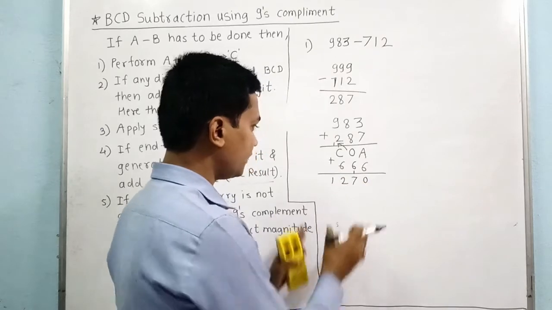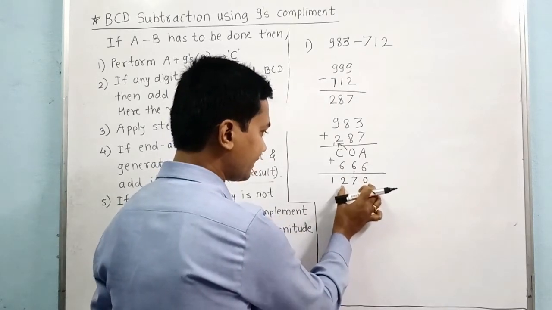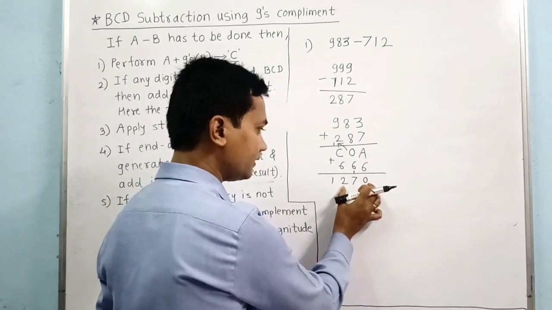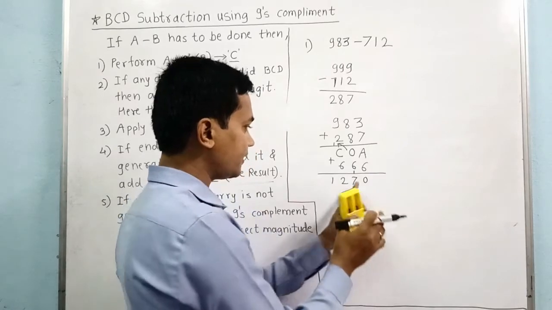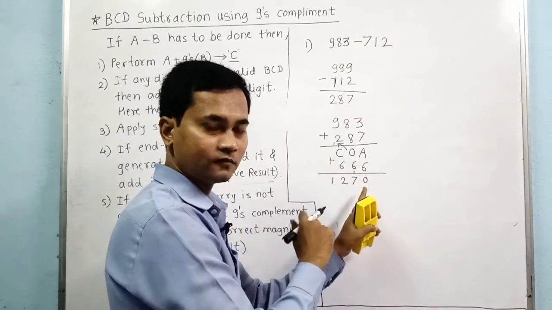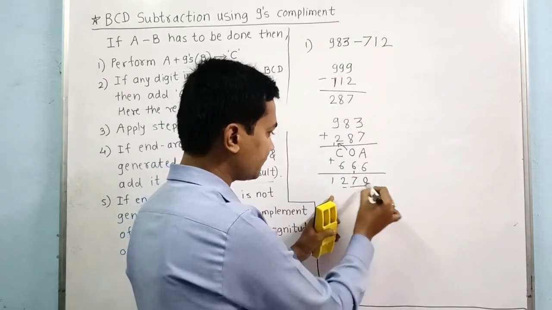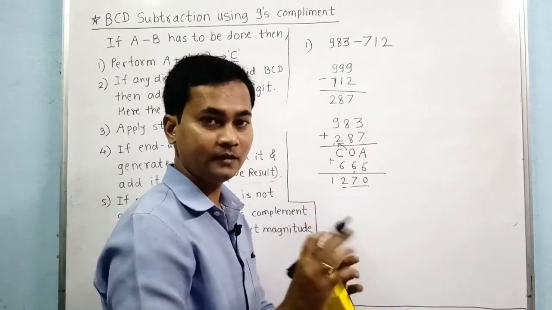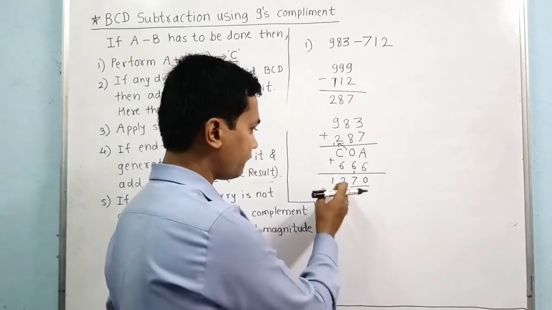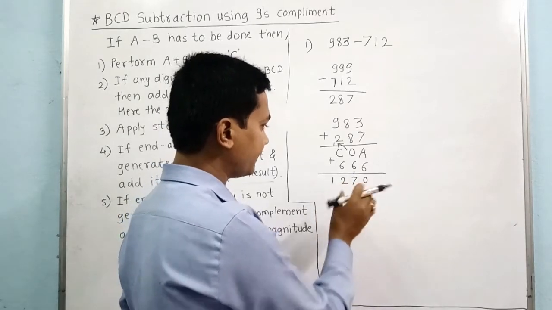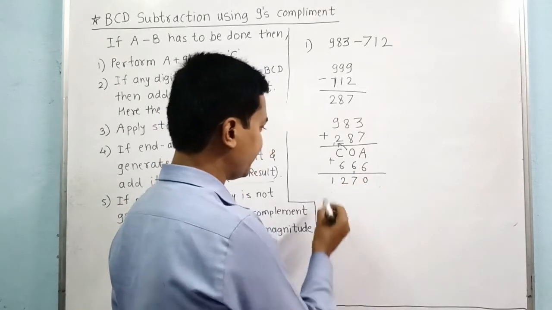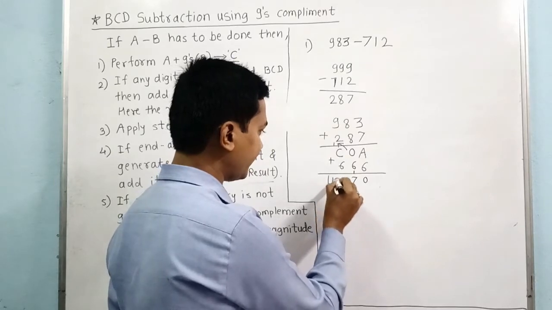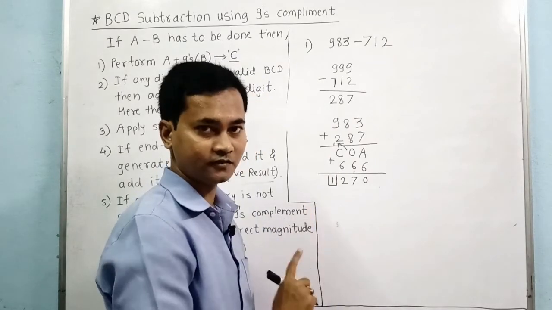Now check that all the digits are in proper BCD format. Yes, because no carry is generated from these 3 digits, and all the digits are less than 10, in between 0 to 9. So we have got the correct BCD result. Now we have the end around carry, that is the fourth digit.